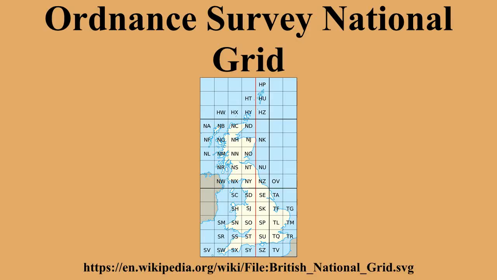Summary parameters of the coordinate system. Datum, OSGB36. Map projection, transverse Mercator projection using Redfern series. True origin, 49 degrees north, 2 degrees west. False origin, 400 km west, 100 km north of true origin. Scale factor, 0.9996012717.